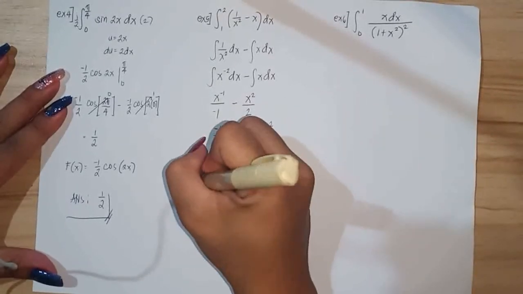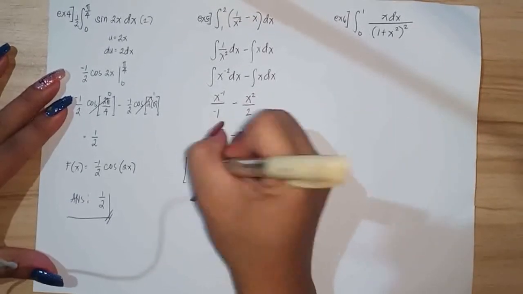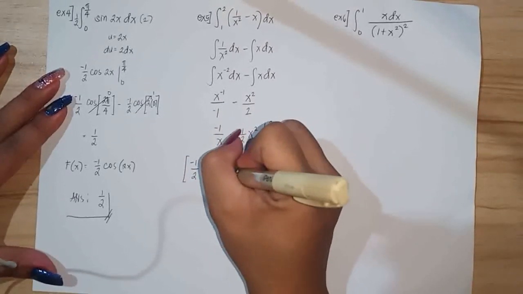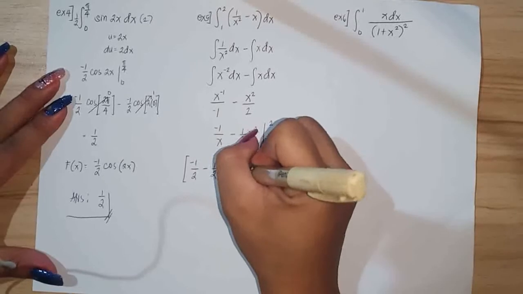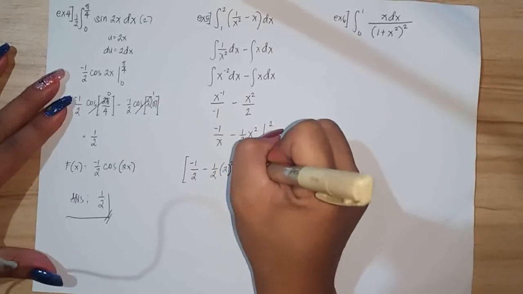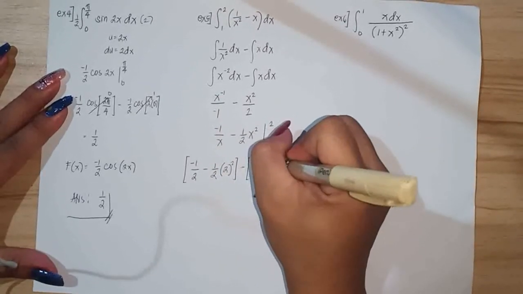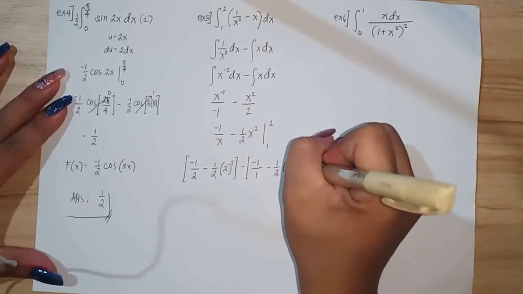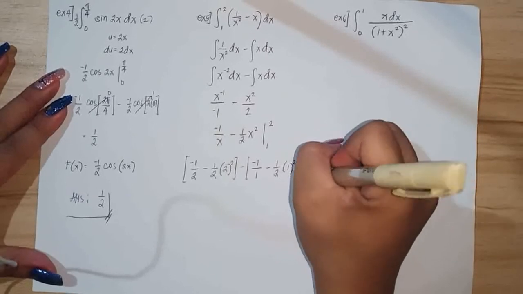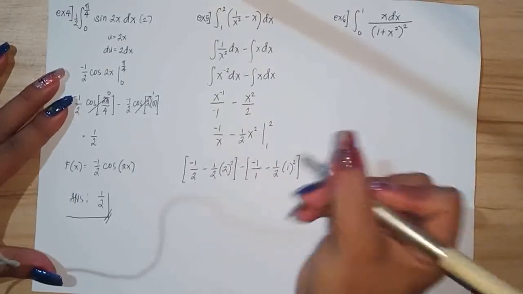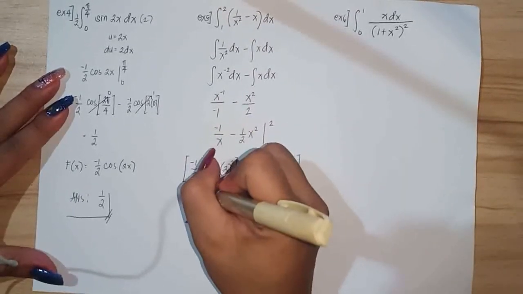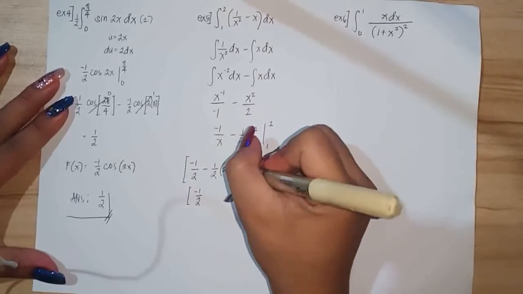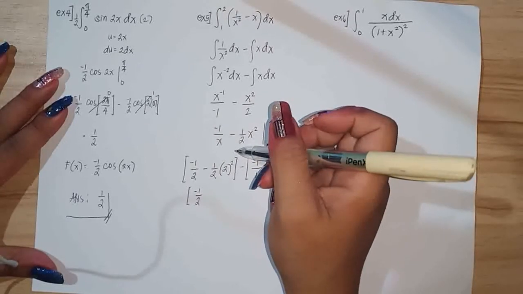So you will now have to substitute your upper limit minus the lower limit. So that will be negative 1 over 2 minus 1/2 of the 2 squared, minus the negative 1 over 1 minus 1/2 of 1 squared. So you will have to simplify the equation or the numbers. You will have negative 1/2. Then 2 times 2 is 4.